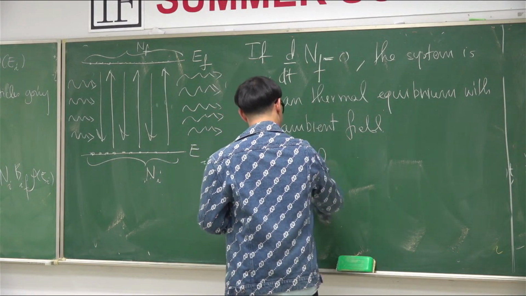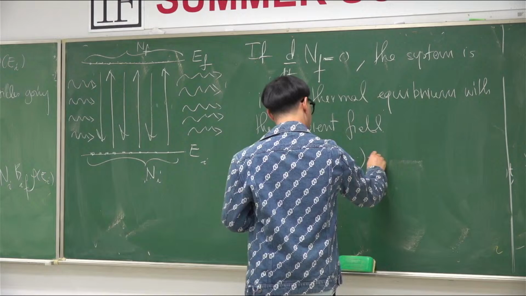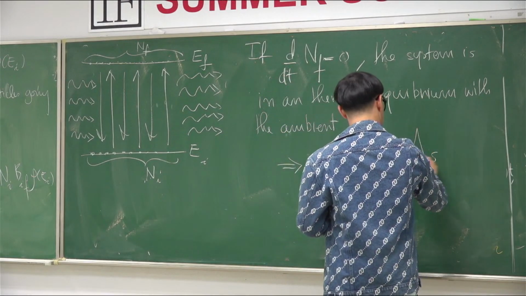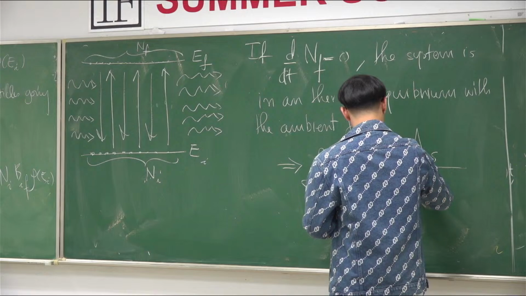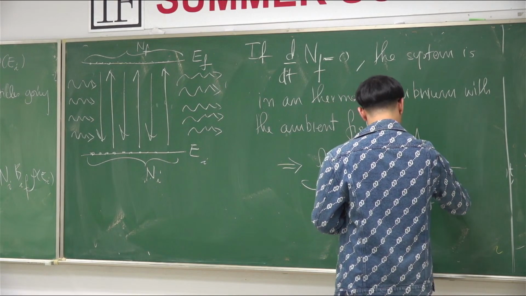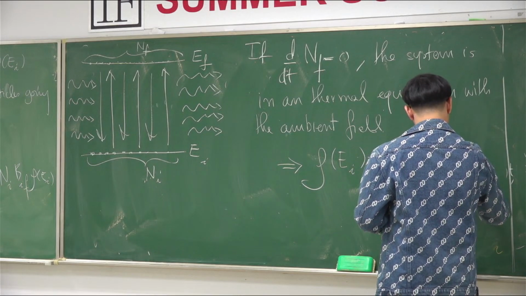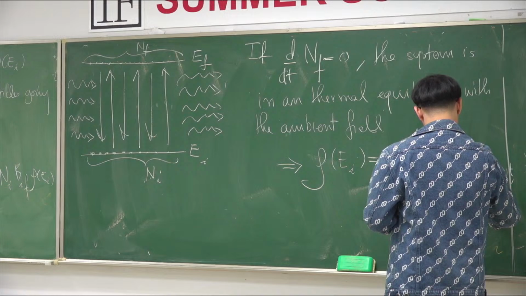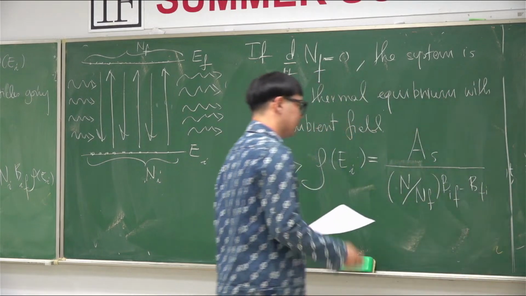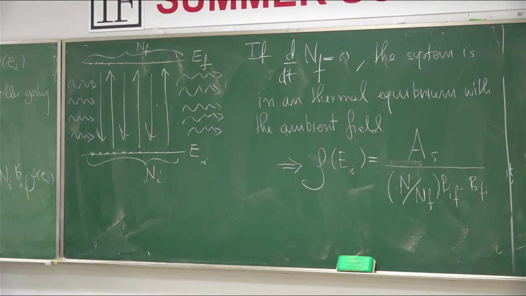It means that your density of states can be expressed in this way. It's very simple algebra, because if you put this to be 0, you can solve for rho, right? Then you get that relation. No, I forgot to put an S here. It should be S here.